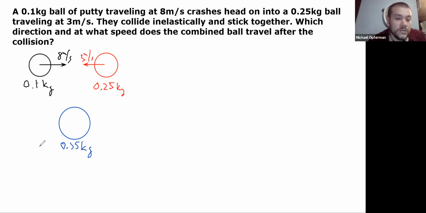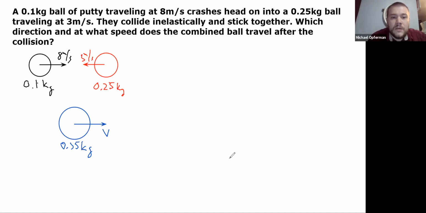So I'm just going to arbitrarily assume that this one goes to the right, knowing in the back of my mind that if V is positive, it means I'm right. If V is negative, then it means the ball was actually going to the left. Totally fine, because the answer is going to tell me whether I was right or wrong, which is just as good as being right. You don't have to be right. You just have to either be right or understand when you're wrong and change accordingly.